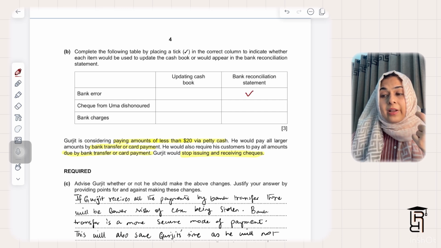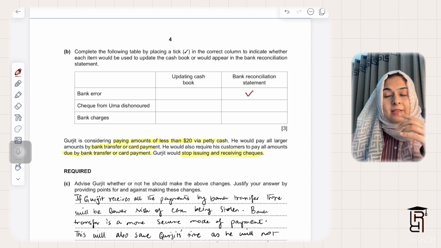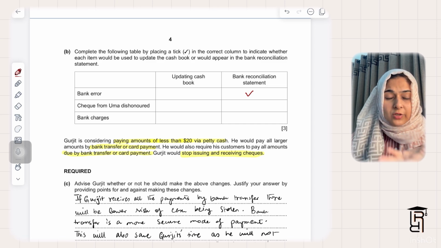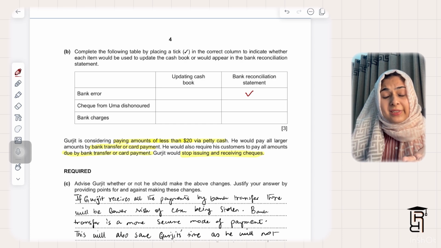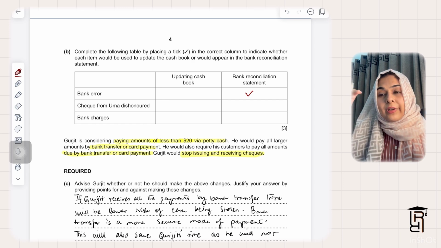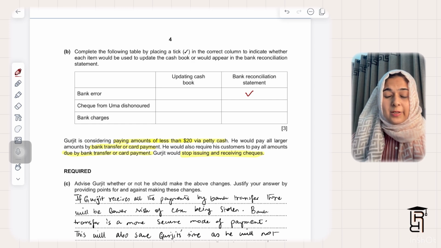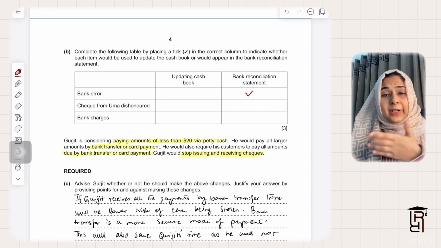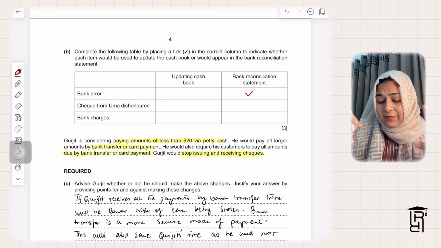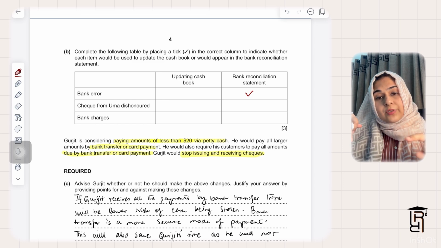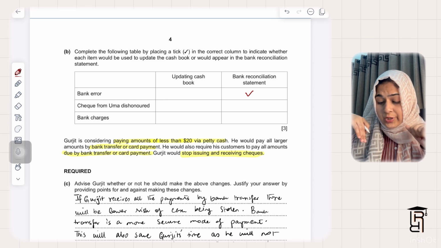There are also certain items which we have recorded and the bank did not record, so we write those in the bank reconciliation statement. Similarly, if there is an error made by the bank, you correct that in the bank reconciliation statement, because it's not an error made in the cash book. If it's an error made in the cash book, you always record that in the updated cash book.